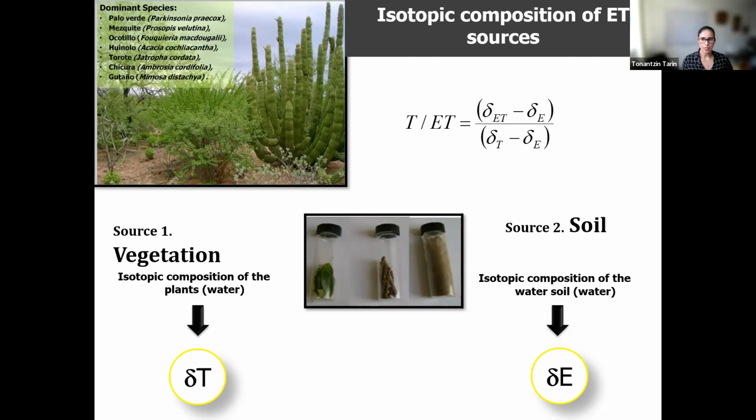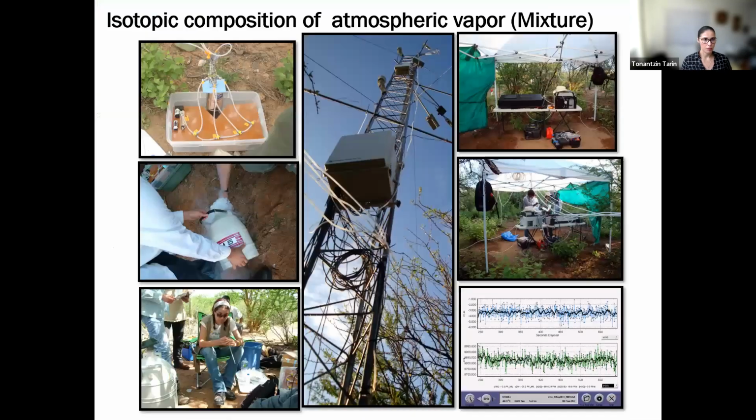We also collected soil in the first 10 centimeters, which was important to estimate delta E and delta T for transpiration. At the beginning of this experiment, we were catching water vapor along this gradient on the tower every 2 hours for the isotopic analysis.